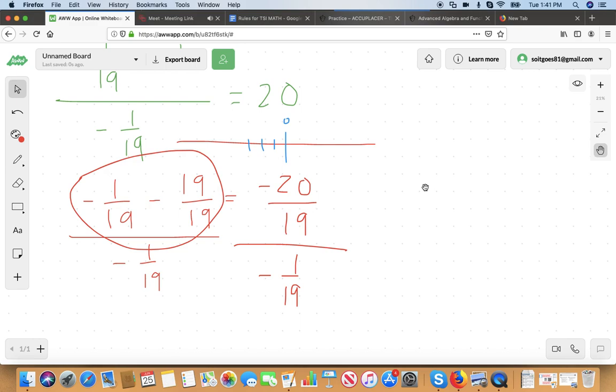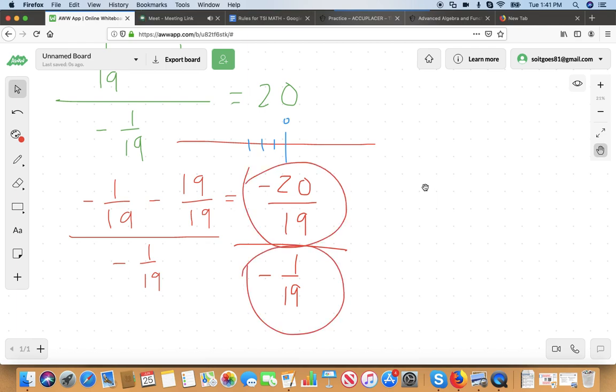Okay. So now I've got a fraction being divided by another fraction. This fraction in the numerator is being divided by this fraction in the denominator. Do you know how to divide by fractions? I think so. What's the operation? You multiply by the reciprocal. So we're dividing by negative 1 over 19, so we multiply by the reciprocal of negative 1 over 19.